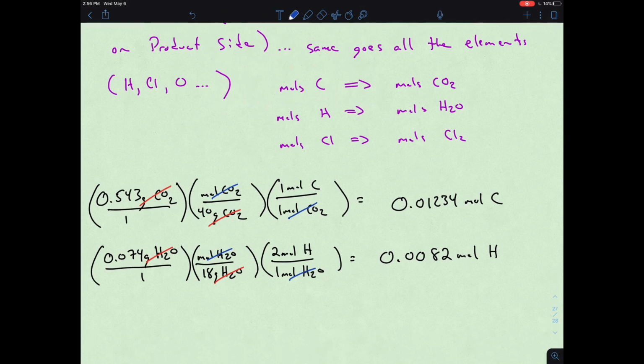And then lastly, we finish it off with the chlorine, the 0.1458 grams of the Cl2, right? We're dividing that by 71 grams per mole.